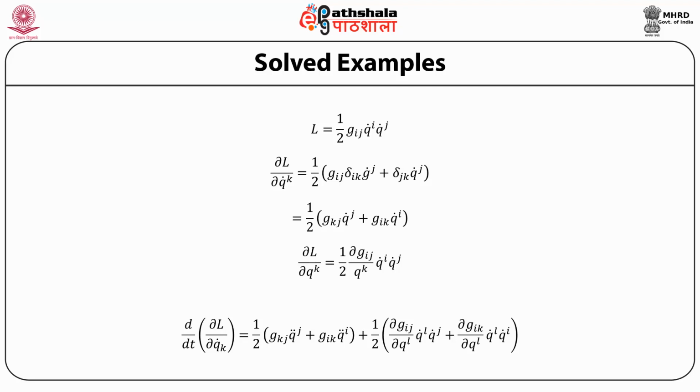See, the thing to remember, this is simple algebra. There is nothing very complicated. The only thing to remember is that the tensor g is a function of the generalized coordinates, but not of the generalized velocities.